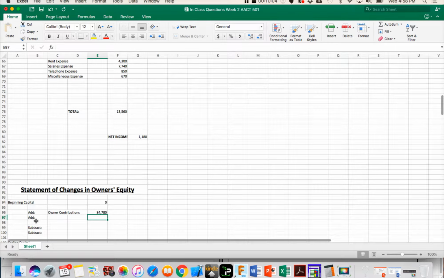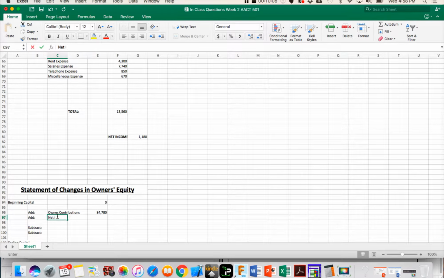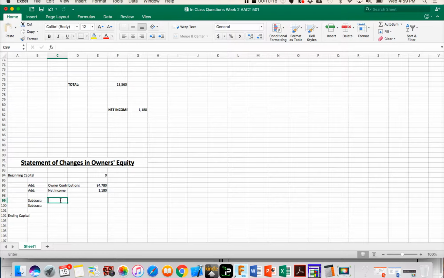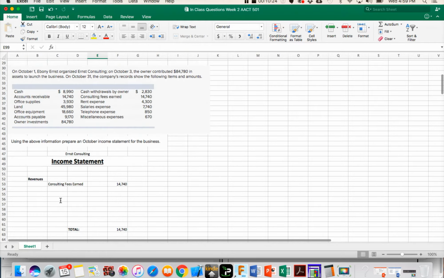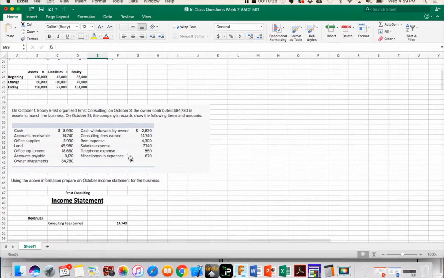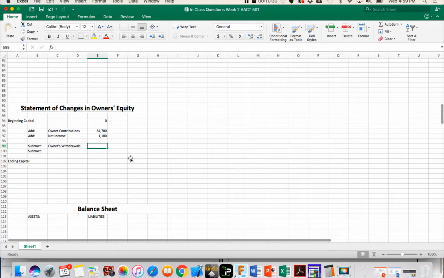And then we're going to add, again, like I said, net income, which we calculated here. So I'll just use that number. And from that, we will only have to subtract owners' withdrawals. And that was this amount right here. Cash withdrawals by the owner, $2,830.